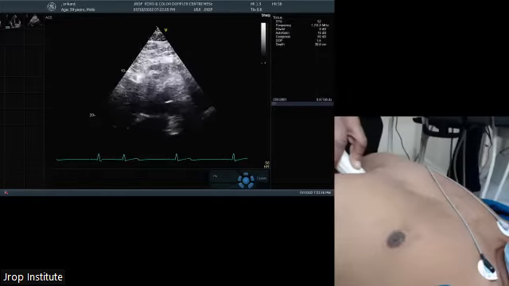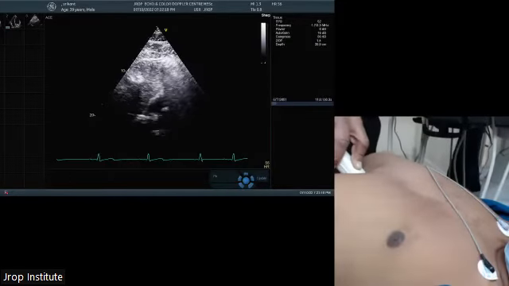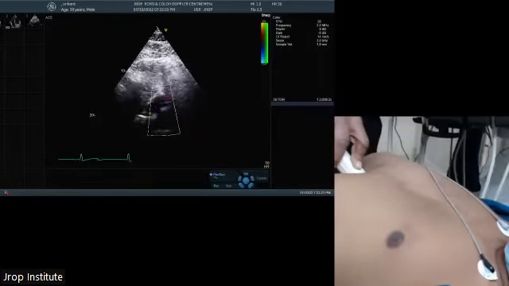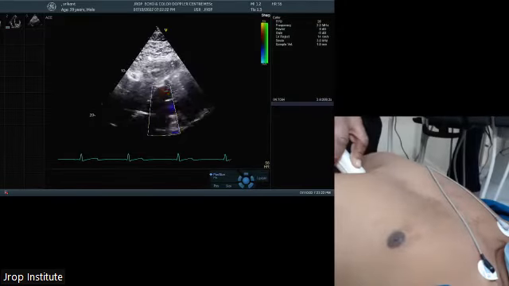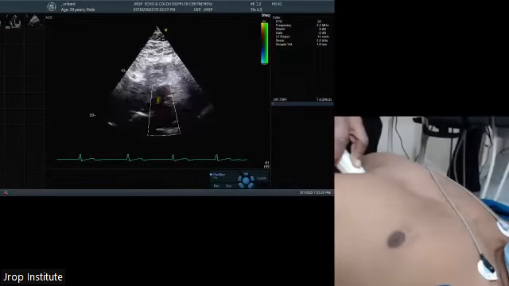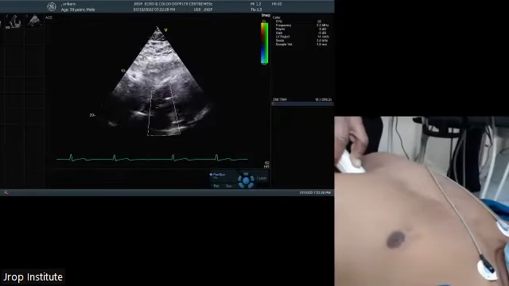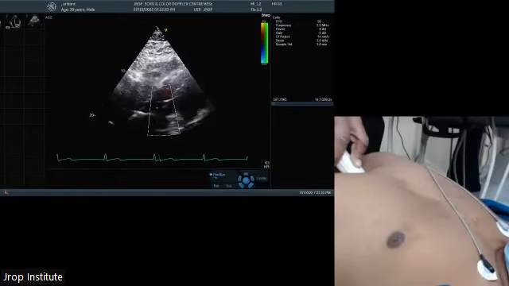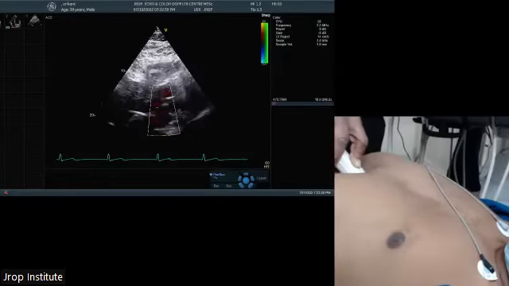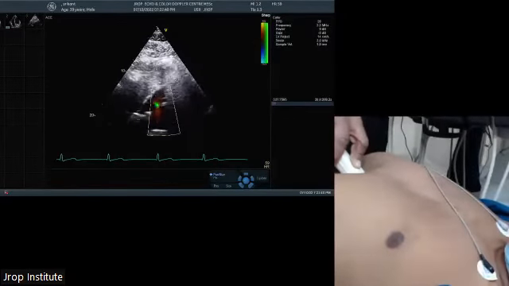Now this is the subcostal window for this subject. This is the color flow for this subject. Now look, there is an ASD in this subject. Here is the ASD in this subject. This is the subcostal window. We are almost parallel to the flow.